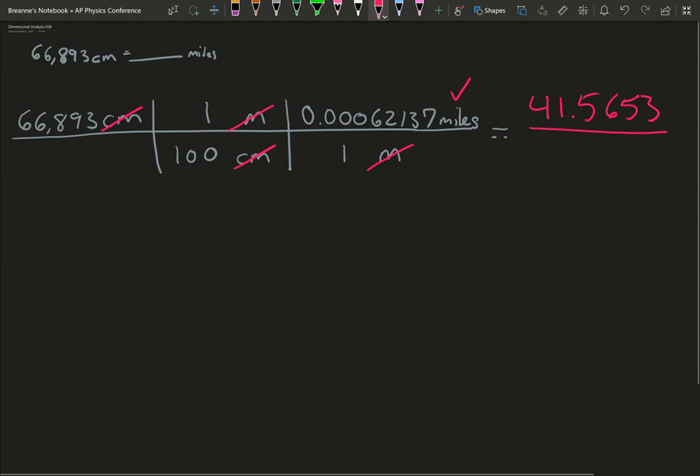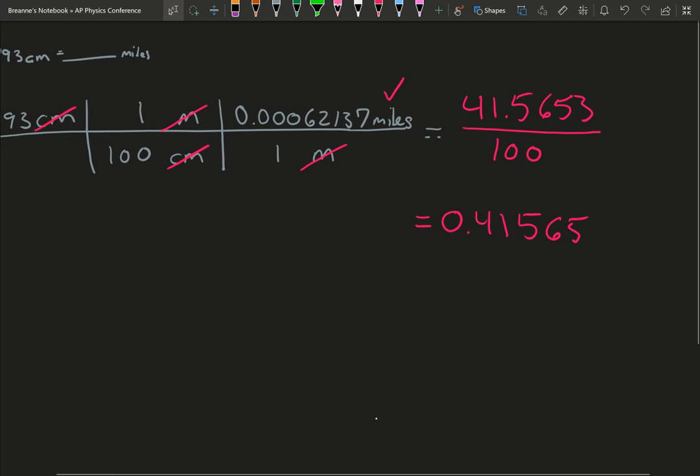We're going to divide that, and 100 times 1 is just 100. So now we can just divide that number by 100, and you get the answer to be 0.41565. Oh, I should put miles up here, and there's no unit, so miles.